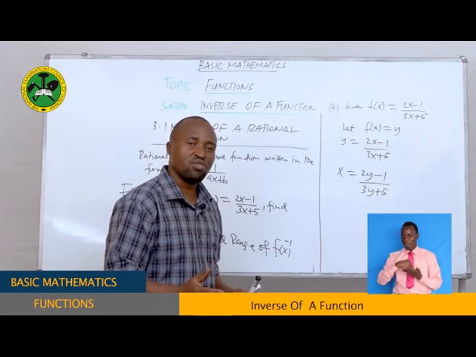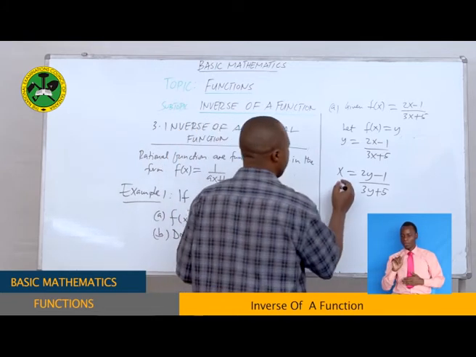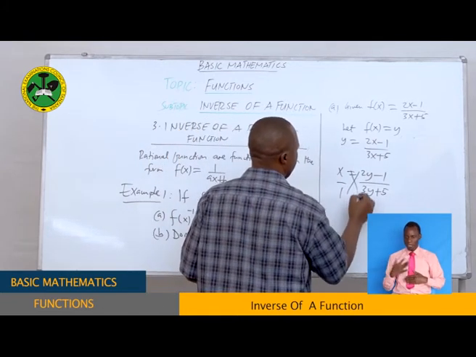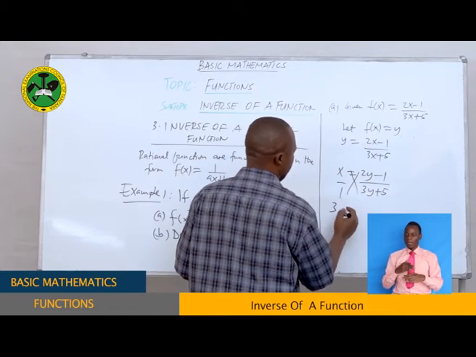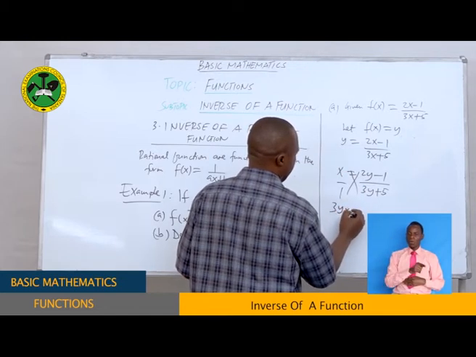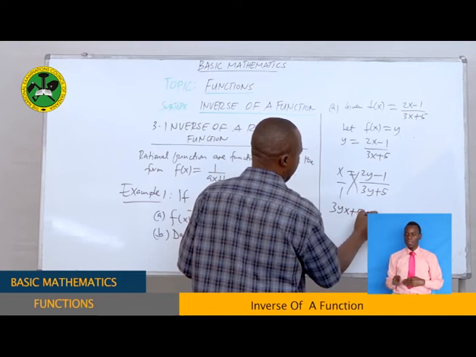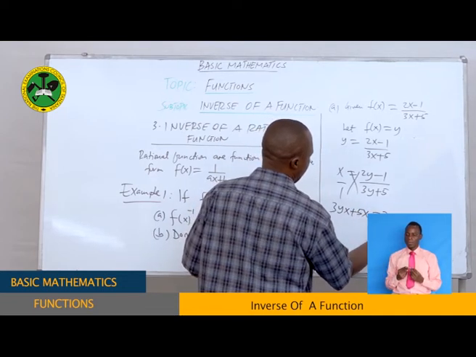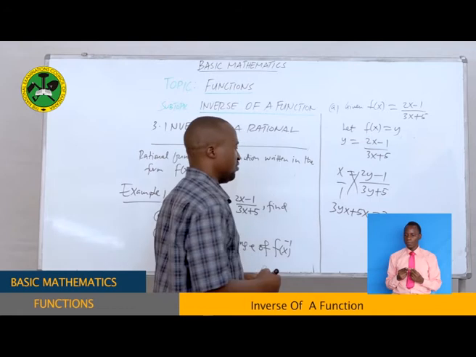So do cross multiplication. So that is 3yx plus 5x is equal to 2y minus 1.